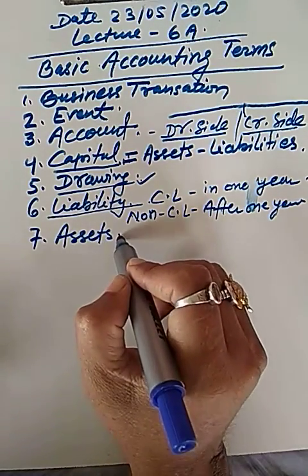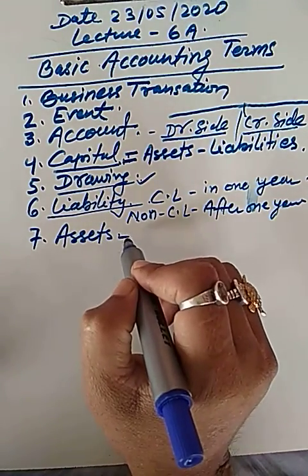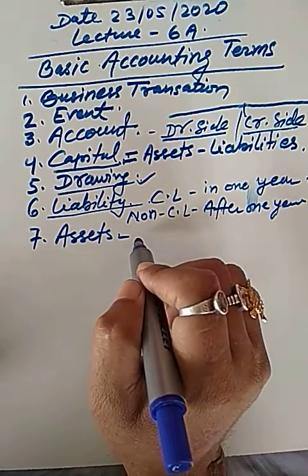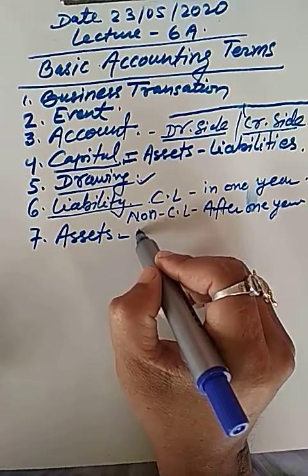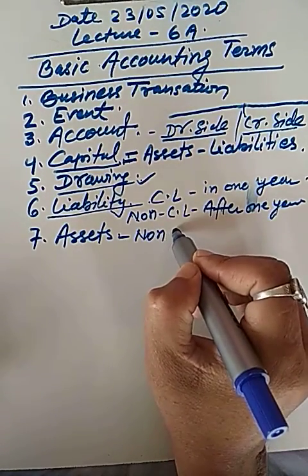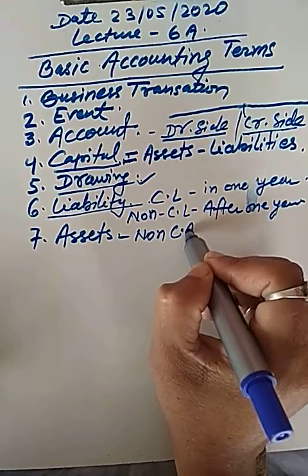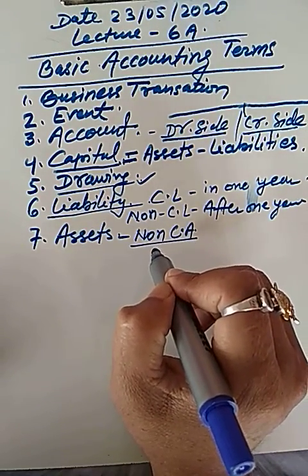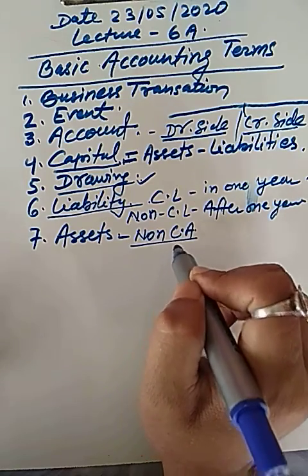Assets are also divided into two parts. First, non-current assets. Non-current assets have two types.